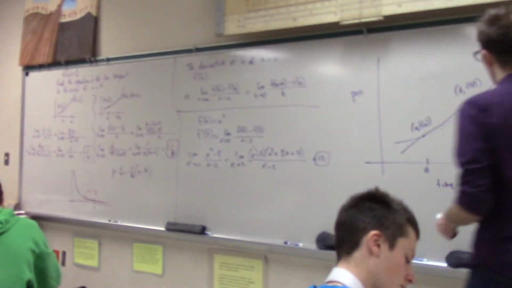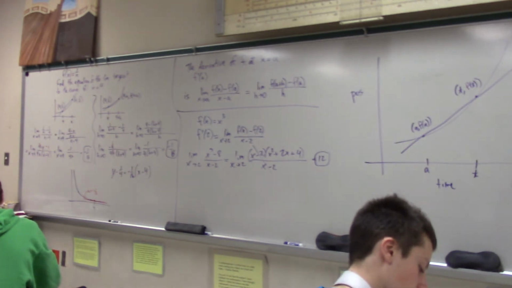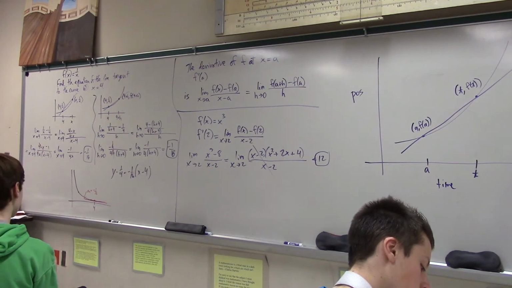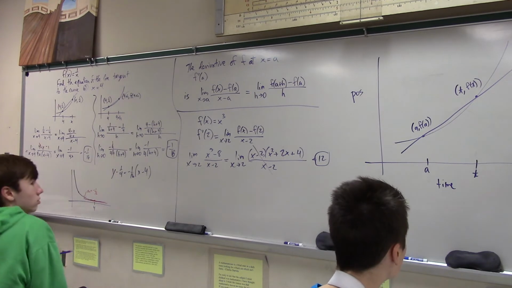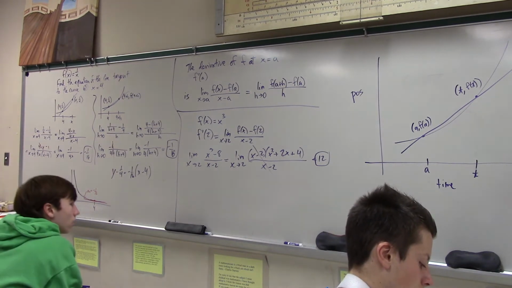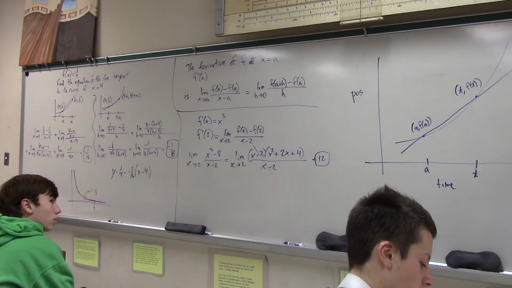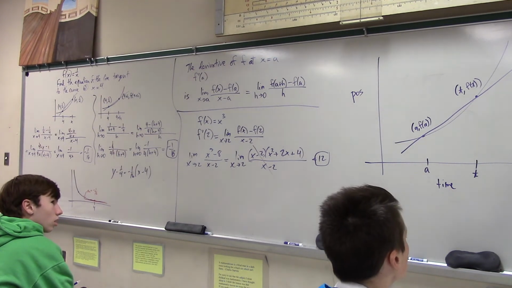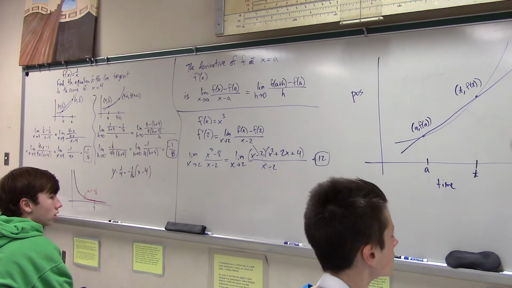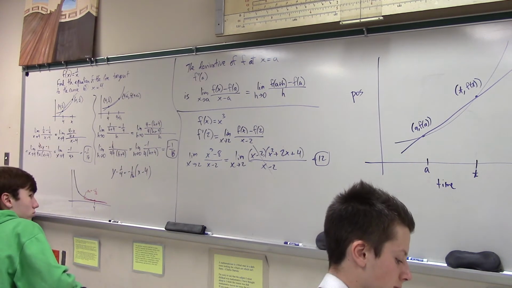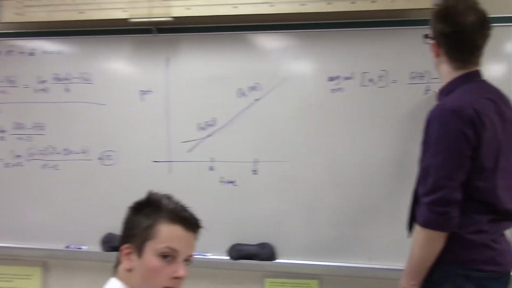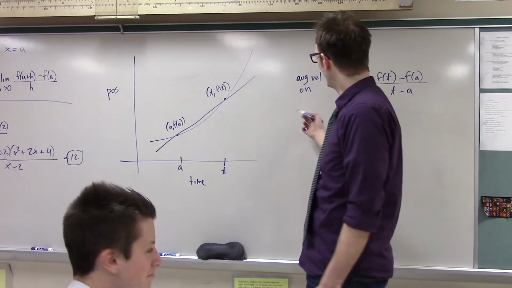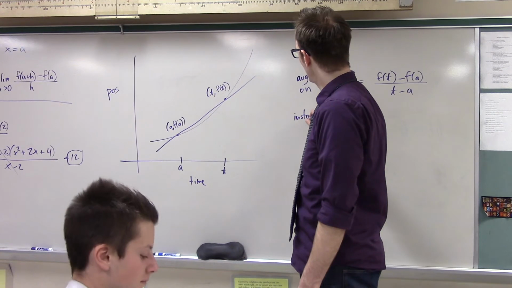Finding the instantaneous speed is hard, but what we can do is find the average velocity on the interval from a to t. And the average velocity on the interval is the change in position over the change in time.